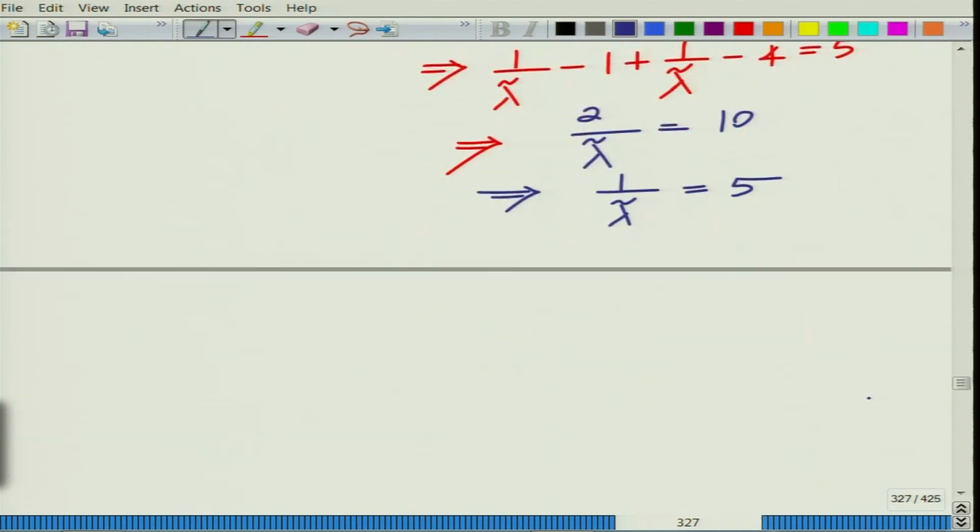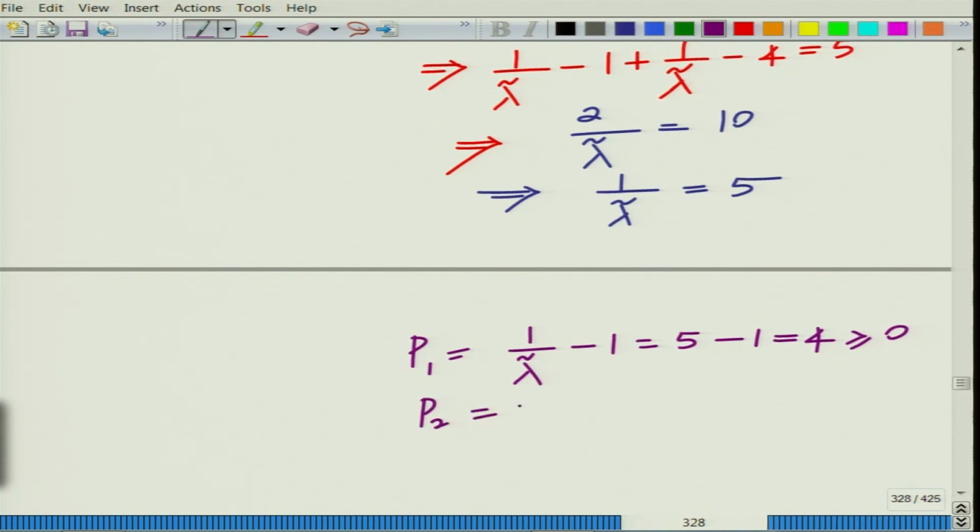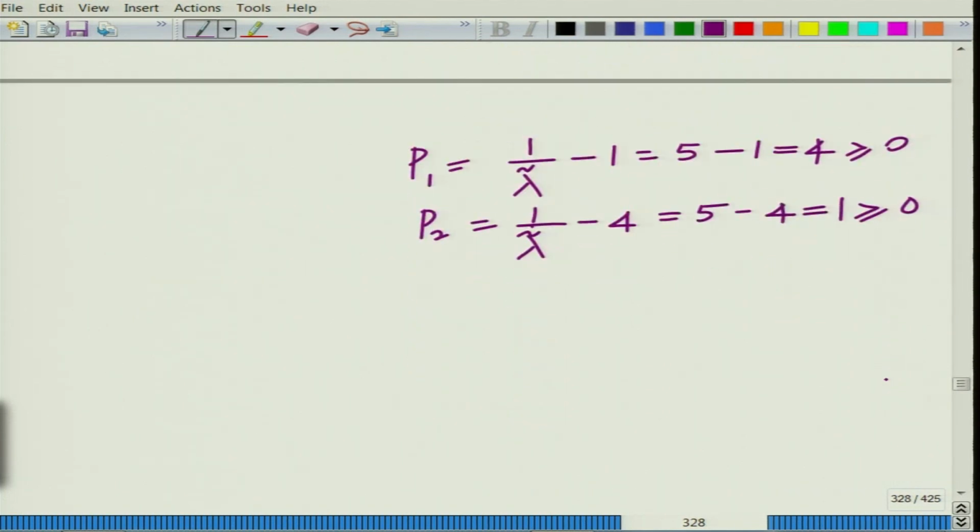So, that is essentially what we get, and therefore, substituting back, we get P1 equal to 1 over lambda tilde minus 1, which is equal to 5 minus 1 equal to 4. This is greater than or equal to 0. And P2 equals 1 over lambda tilde minus 4 equals 5 minus 4 equals 1, which is also greater than or equal to 0. Both these values are non-negative, so this is a valid power allocation.